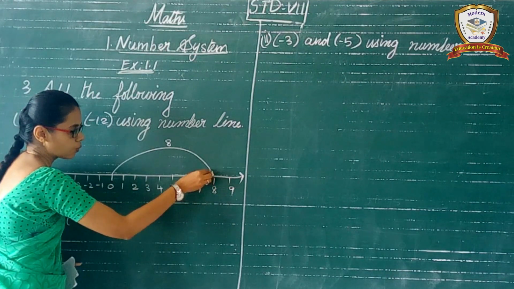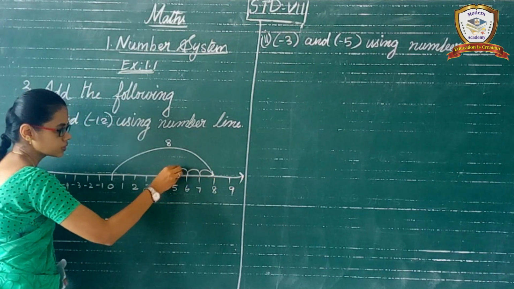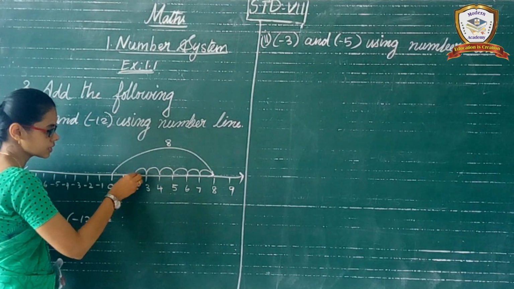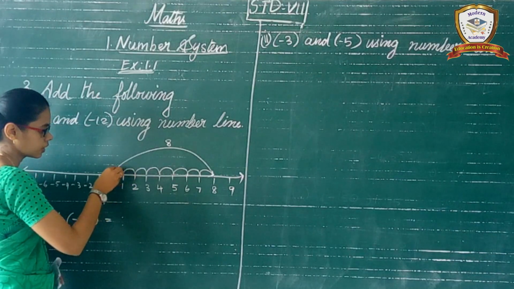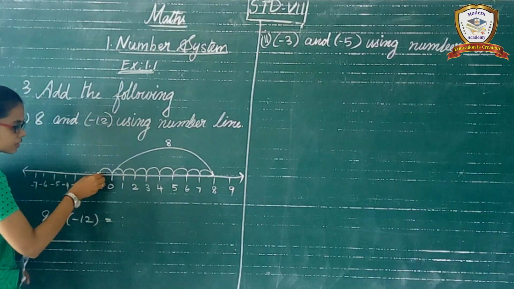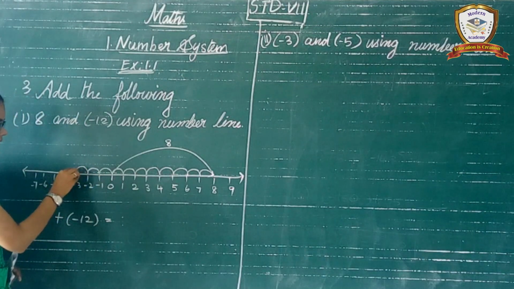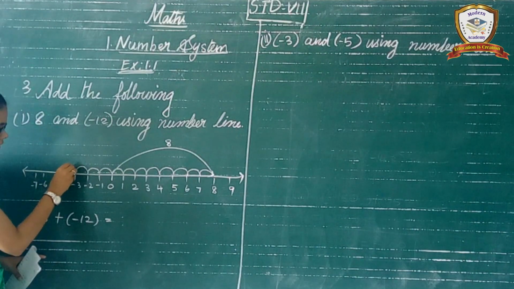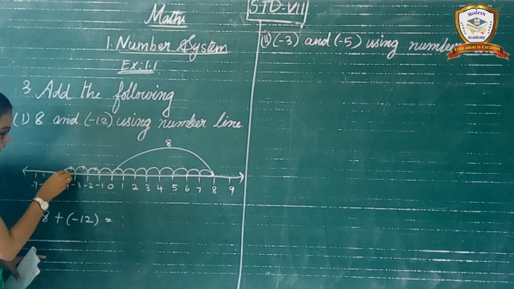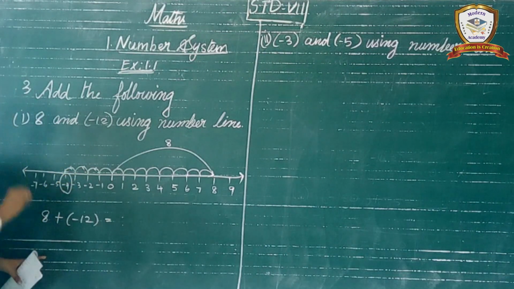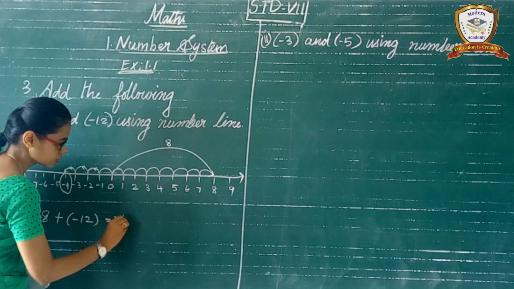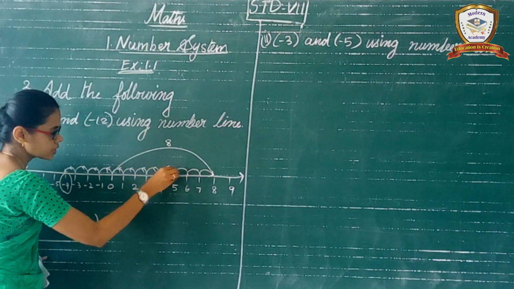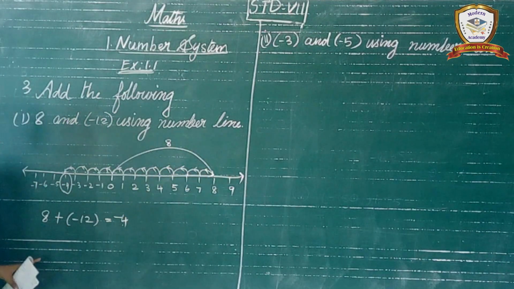So 1, 2, 3, 4, 5, 6, 7, 8, 9, 10, 11, 12. So this is the 12 units. So finally, what's the answer? The answer is minus 4.